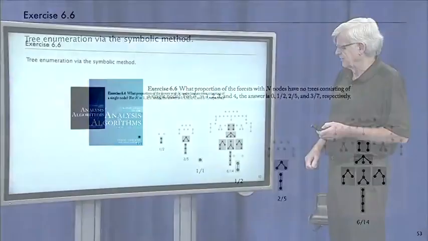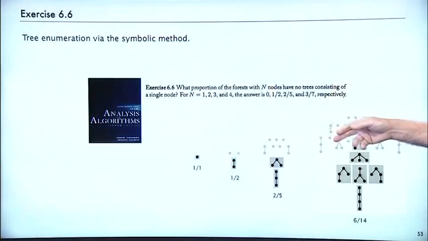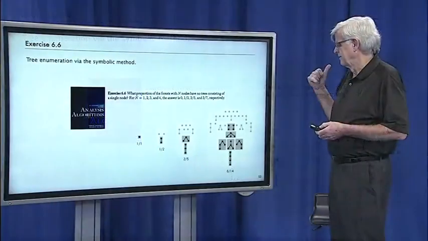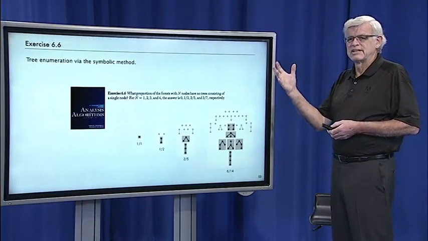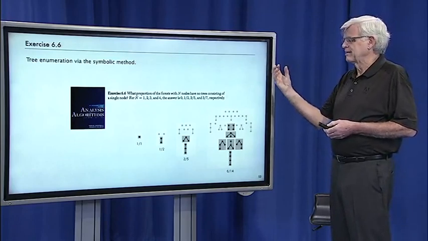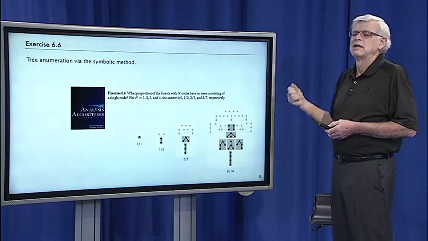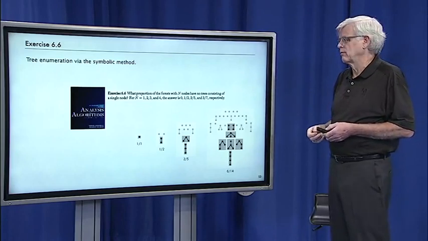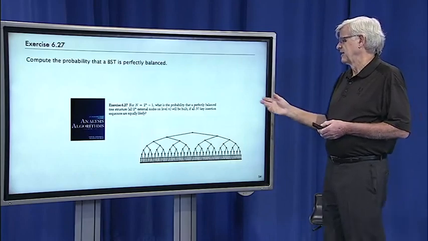This sketch shows that for 1, 2, 3, and 4, the answers are 0, 1/2, 2/5, and 3/7 respectively. So find an asymptotic formula for that. The beauty of the symbolic method is you can take the basic derivation and modify it, and the basic structure still follows through to give you a generating function equation that you can find asymptotics for or explicit forms. And this is just practice in doing that.